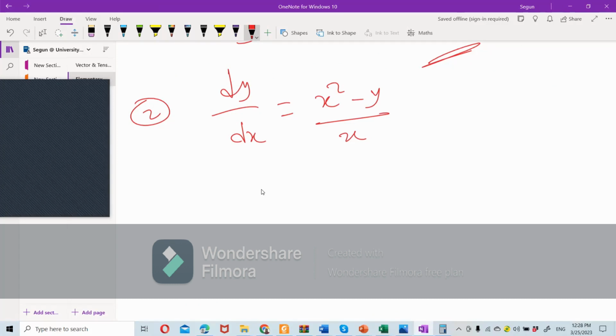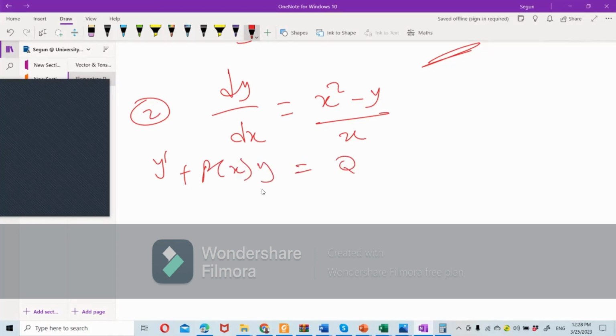So for us to solve this one, you need to bring everything back to this y prime plus p of x y equals to q of x. Everything must be resolved in that manner before you can use it.